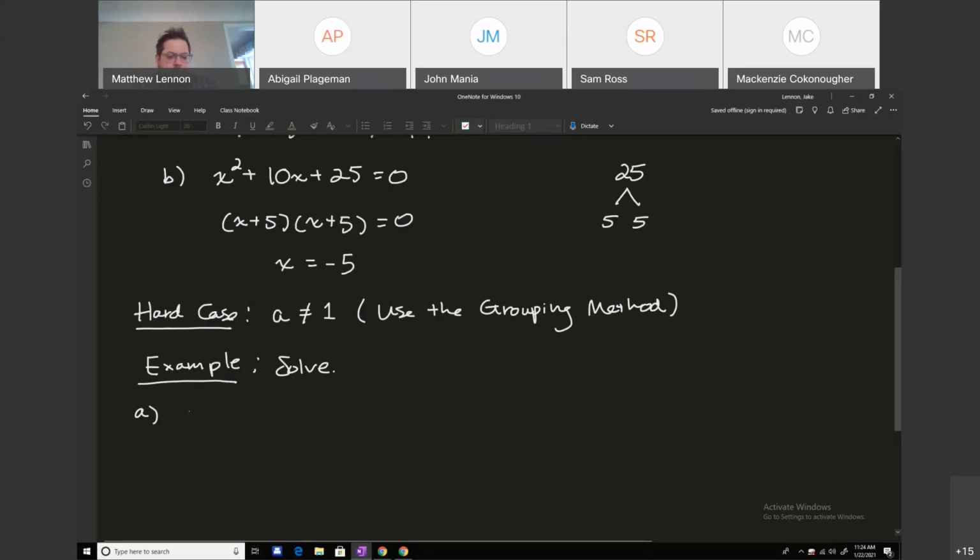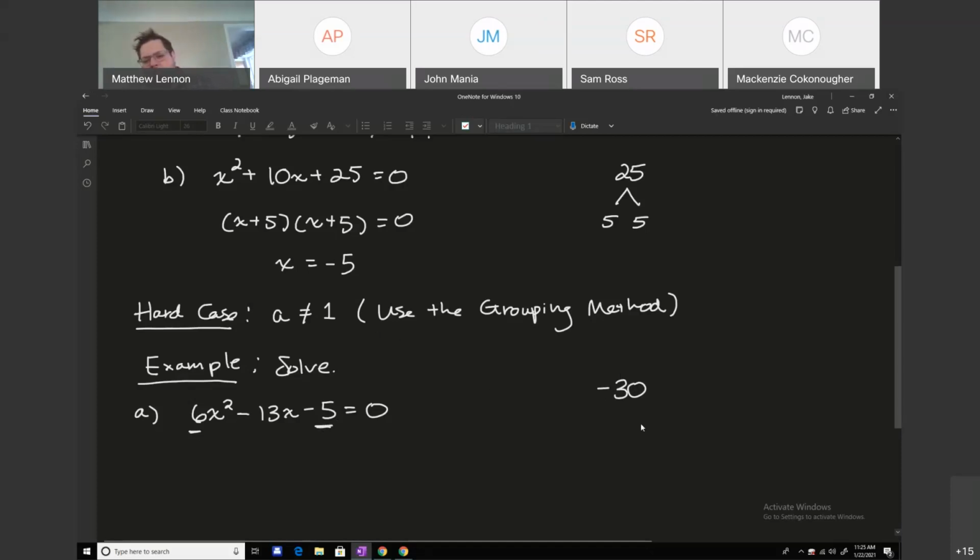So we have, say, 6x squared minus 13x minus 5 equals 0. So with the grouping method, you don't just look at the last number. You have to multiply the first number with the last number. So we have to multiply 6 by negative 5. So 6 times negative 5 is negative 30.